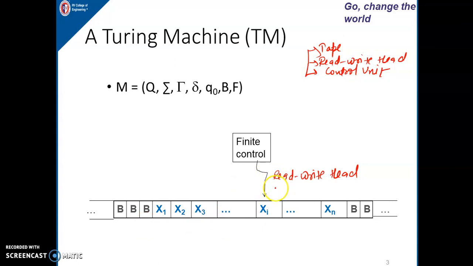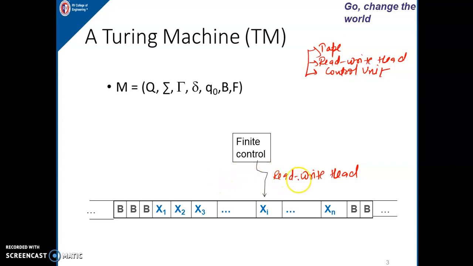And read write head, the read write head can read a symbol from where it is pointing to and can write into the tape to where it points to. And this control unit, or also called as finite control, is used to read from the tape or write into the tape, and it is determined by the control unit, and the different moves performed by the machine depends on the current scanned symbol and the current state, and the control unit consults action table, that is also called as transition table, and carry out the task.